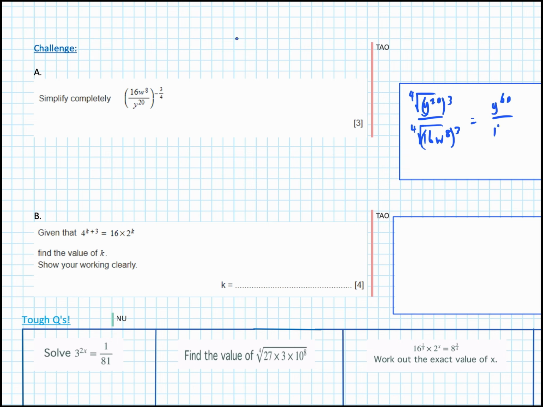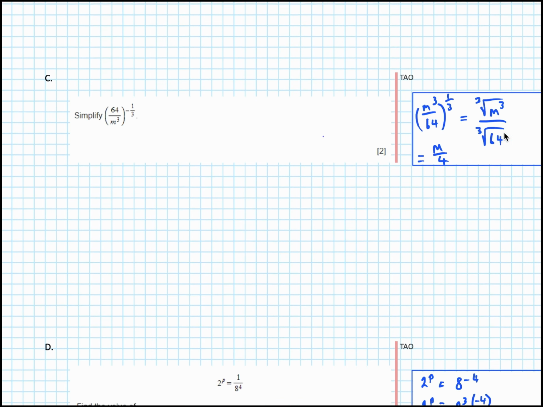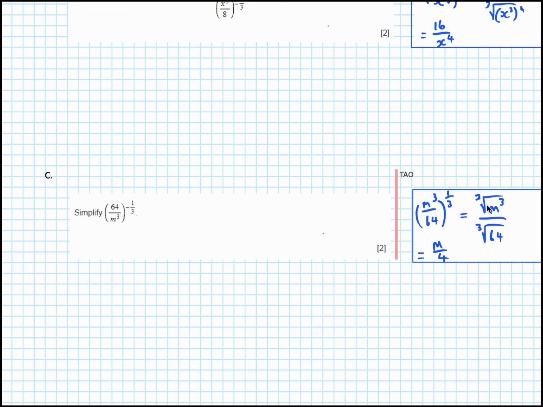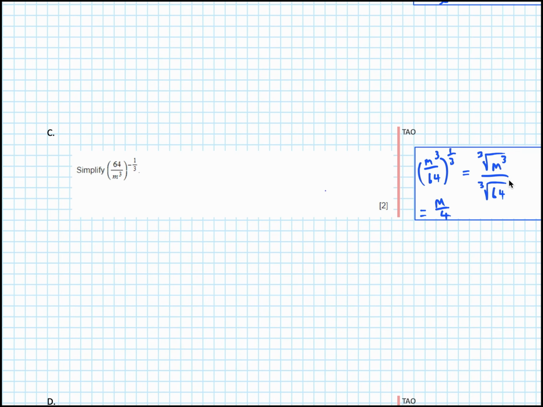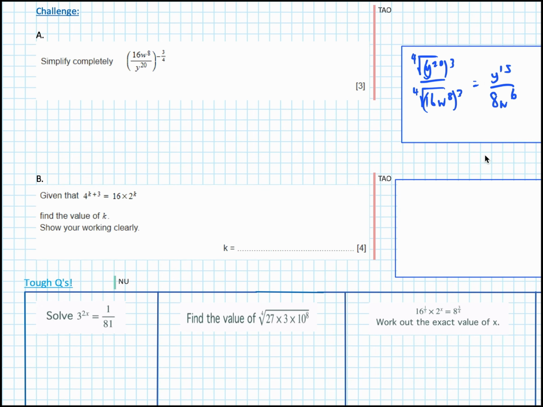I'm going to leave that actually, it might be quicker just to show it that way. So y to the 60 and then y to the power of 15 over 8 w to the 6. The same skills of what you've previously done there, so you will know from your power root calculations from this part, question C, we'll say. Just basically do the same there for this challenging one here.